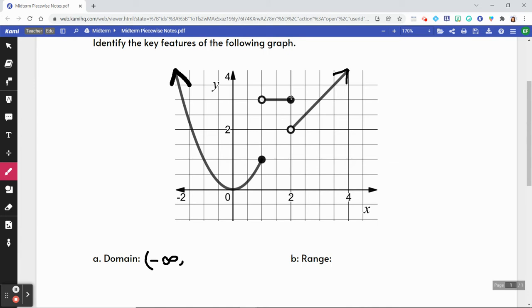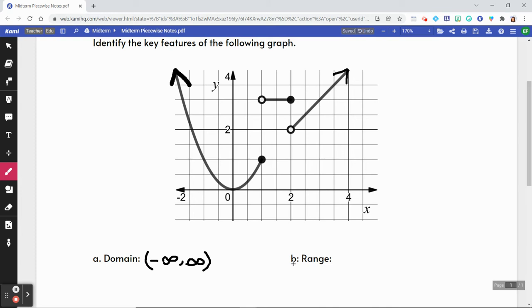All these x values are accounted for, again, including the solid dot here and the open dot below it being unaccounted for, but we still got 2 up here. We still continue going, and again, an arrow symbolizing infinity. So in fact, we have every single x value that is accounted for. So when we go to state our domain for this piecewise function, we are going to state that it's negative infinity to positive infinity.